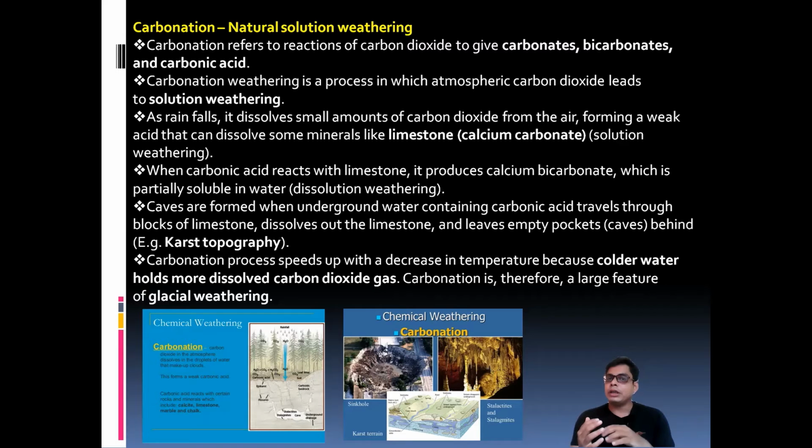Carbonation weathering is a process in which atmospheric carbon dioxide plays a vital role in producing the solution. During rainfall, carbon dioxide mixes with the air and forms a weak acid, and calcium carbonate forms, which is responsible for acid rain.